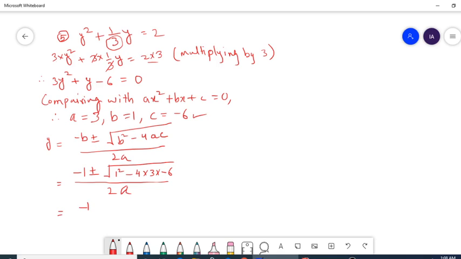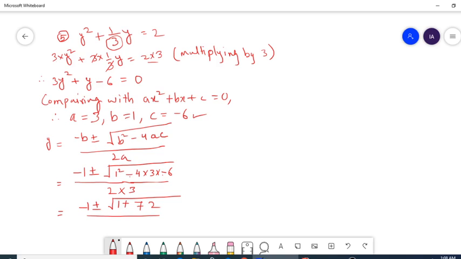Minus 1 will remain as minus 1 plus minus. First I'll solve this part within the root. 1 square, that is 1, this minus and this minus will give you plus, 4 3s are 12 and 12 6s are 72, upon, sorry, here we forgot to substitute the value of 2a, that is 2 into 3.